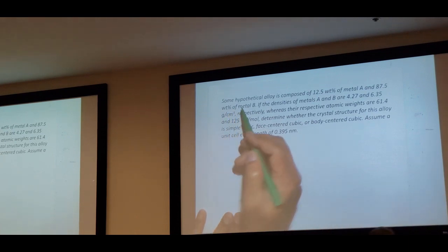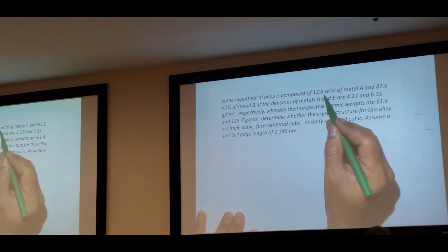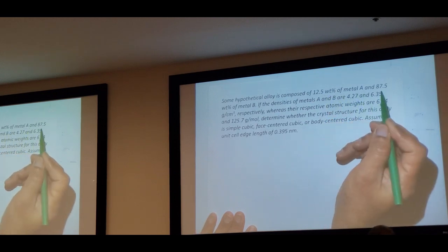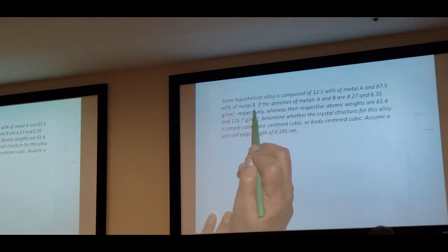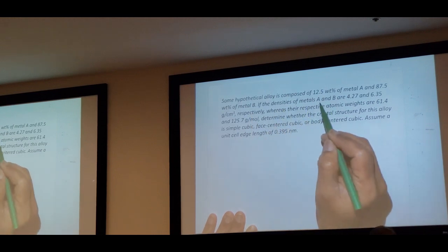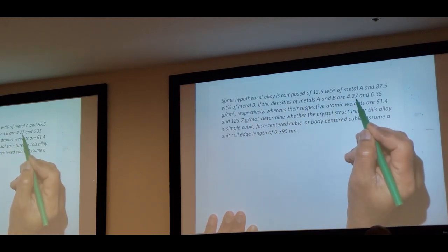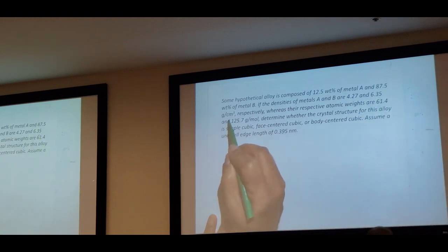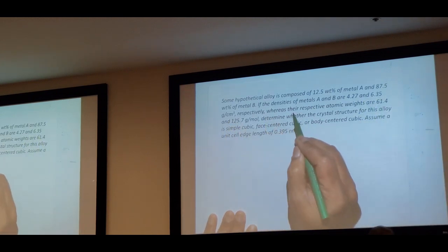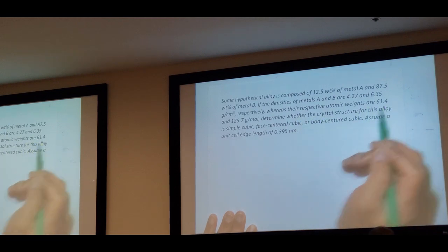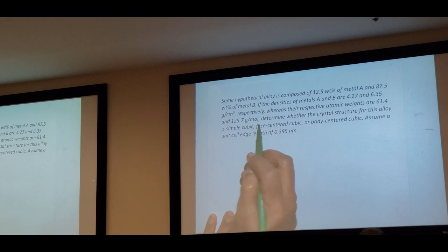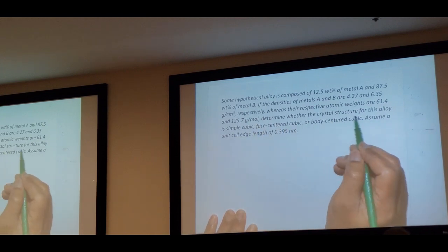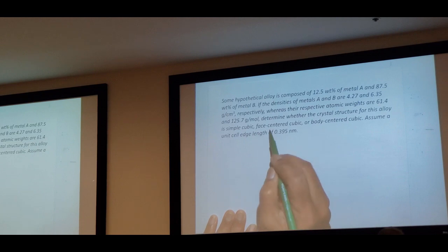Some hypothetical alloy is composed of 12.5 weight percent of metal A and 87.5 weight percent of metal B. If the densities of metals A and B are 4.27 and 6.35 grams per centimeter cubed respectively, whereas their respective atomic weights are 61.4 and 125.7 grams per mole, determine whether the crystal structure for this alloy is simple cubic, face-centered cubic or body-centered cubic. Assume a unit cell edge length of 0.395 nanometer.